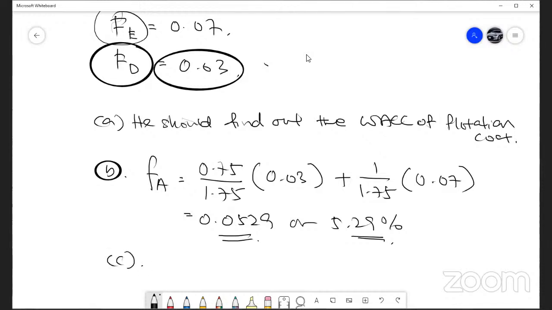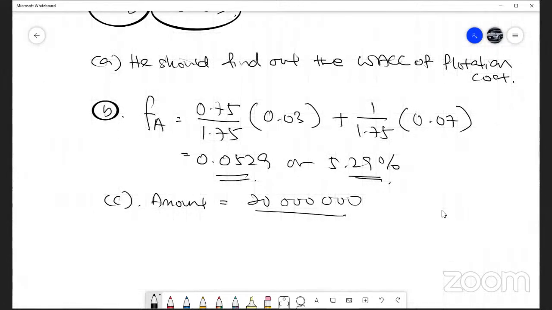To count that, you want the actual amount, the true cost: the actual amount, which is $20 million, divided by 1 minus 0.0529.